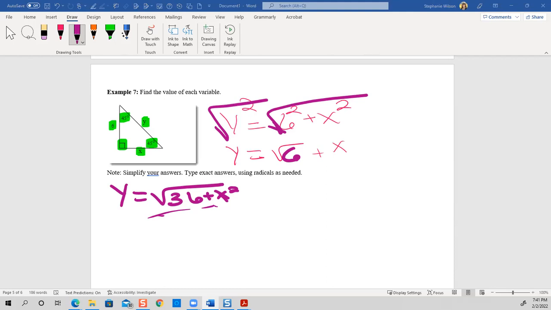Since x is the length of one leg of the triangle, x equals 20. How did they get that? Both legs are congruent. The length of the hypotenuse is square root of 2.